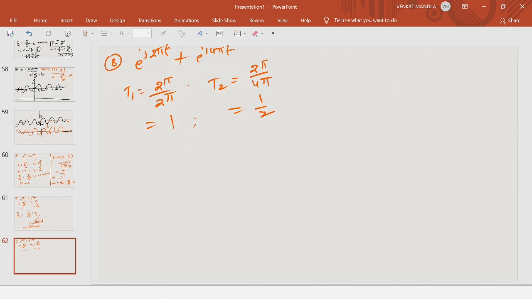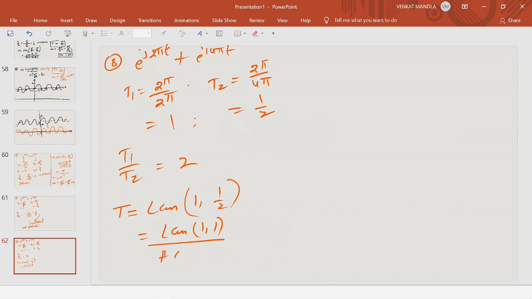So T1 by T2 equal to 2. Here it is rational, so it is periodic. Period is LCM of T1 and T2. That is T1 is 1, T2 is 1 by 2. That is LCM of 1 comma 1 by HCF of 1 comma 2. That is 1 by 1, that is 1. And what is omega naught? 2 pi by T. This is the fundamental frequency.